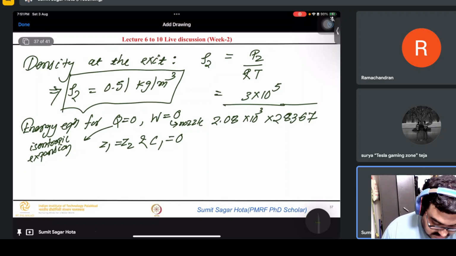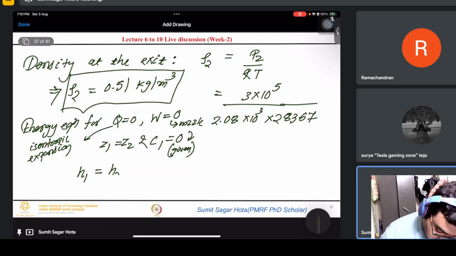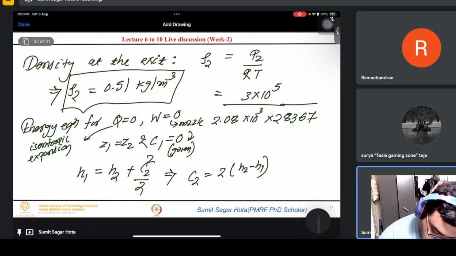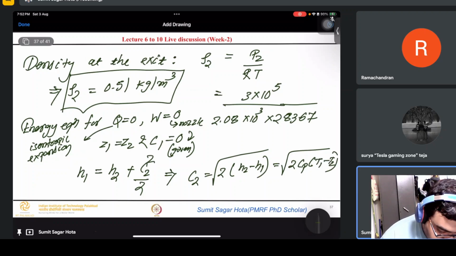Isentropic means reversible adiabatic, obviously, and C1 equal to 0 is also given in the question. And for that we know H1 equals H2 plus C2 square by 2. So C2 is equal to the square root of 2 into (H1 minus H2), which is the square root of 2 Cp delta T.